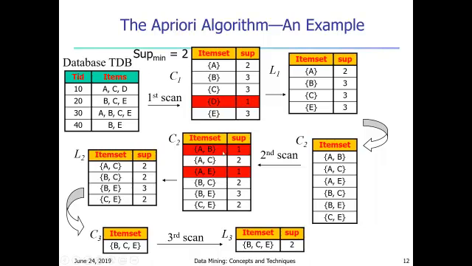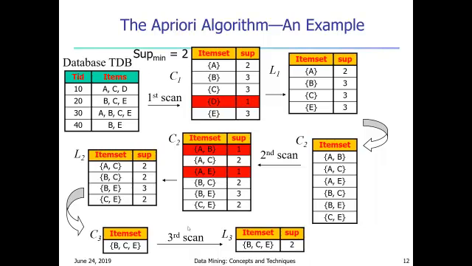When we consider the 2 item sets, we can see AB is not frequent. In association mining, if a particular item set is infrequent, that item set will not be involved in generating any further frequent item sets. So anything that has AB as a subset is going to be infrequent. Therefore, when we consider ABE, based on AB not being frequent and AE also not being frequent, ABE is not frequent.